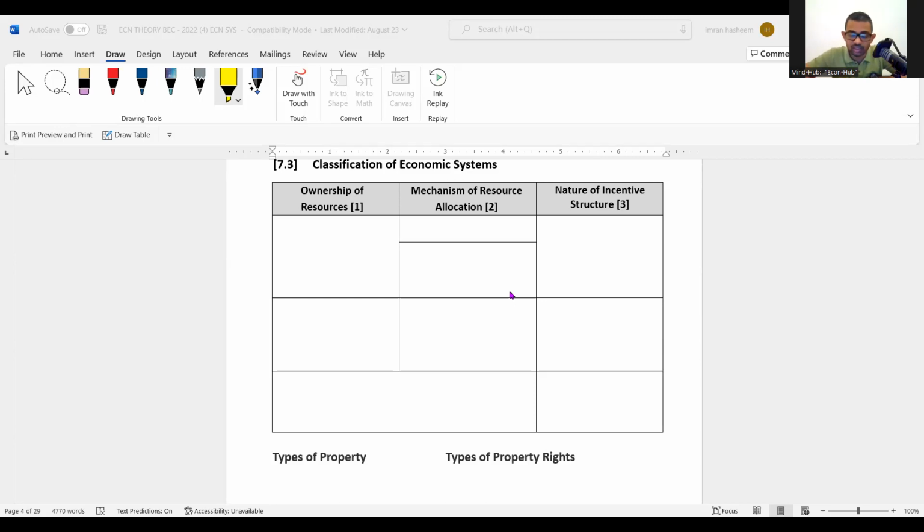Are we clear? Command economic system. So it's a mix of the two. Coercive and material are the two main incentives we use, right?